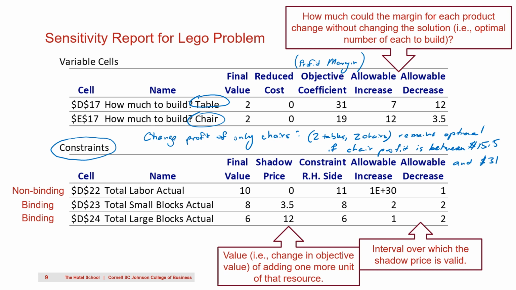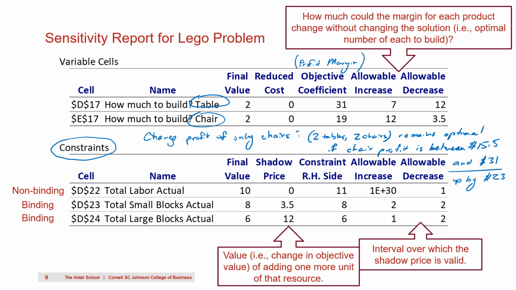So what's going to happen is if it drops below 15.5, you're going to build as many tables as possible, and if it goes above this range, then you're going to build as many chairs as possible. And you saw that in our class problem, in our exercise 8A problem, it went up by $23.